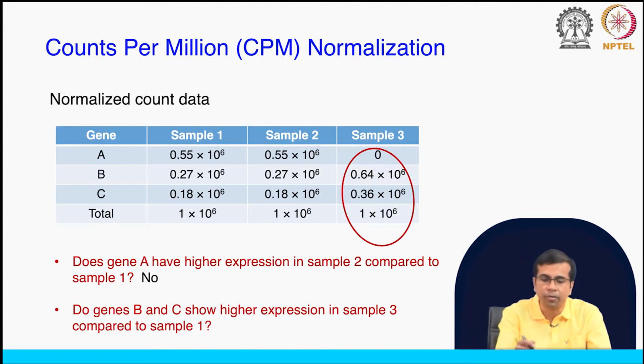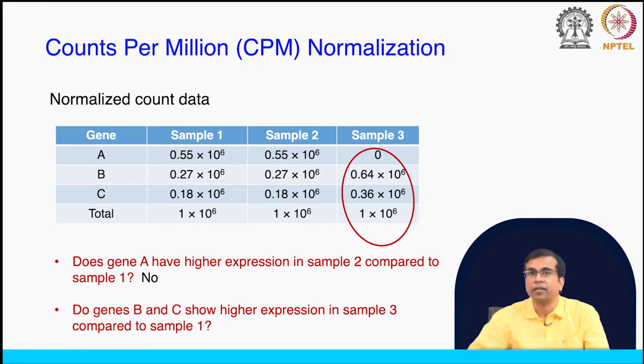For gene A, the normalized count data in sample 2 and sample 1 is exactly identical. So the answer is no. But we cannot answer the second question, would genes B and C show lower expression in sample 3 compared to sample 1, because we have not addressed this RNA composition bias.